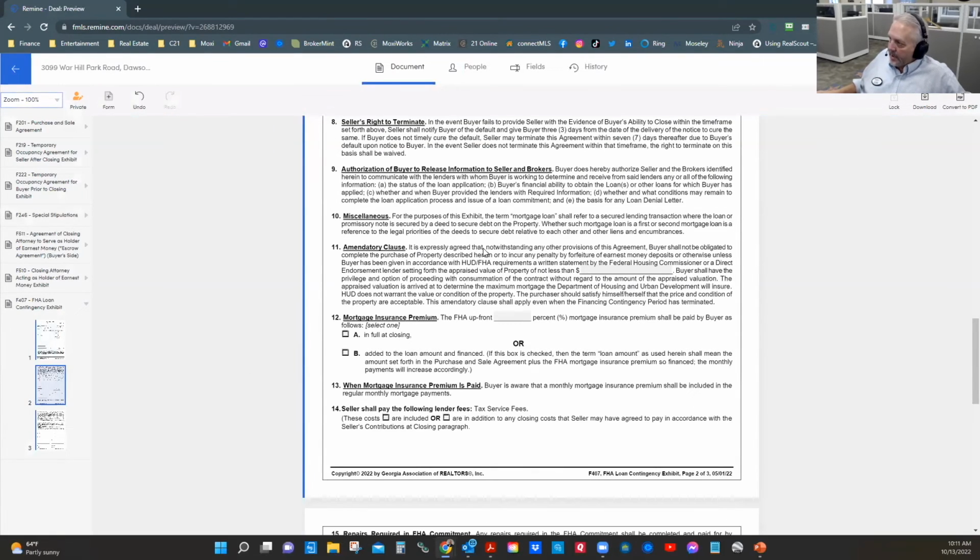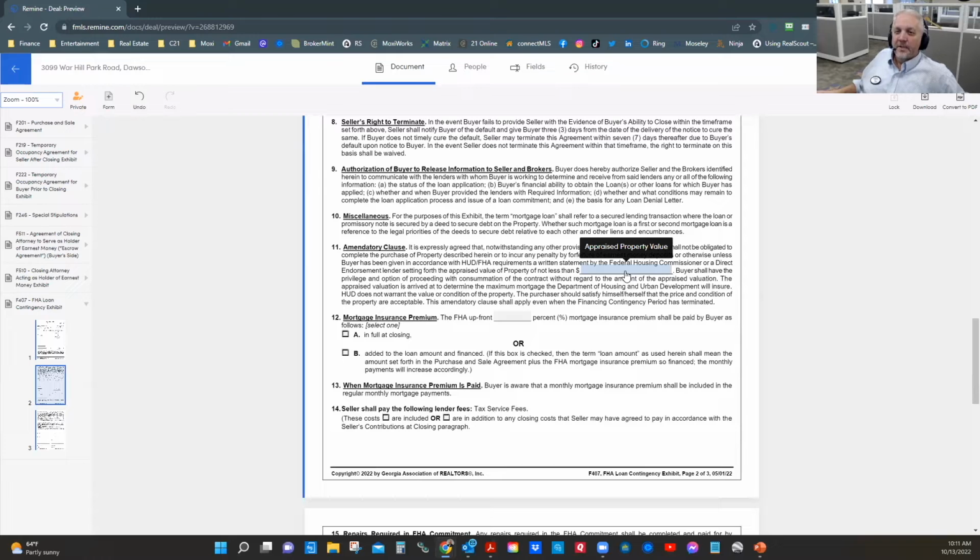It is expressly agreed that notwithstanding any provision to this agreement, buyer shall not be obliged to complete the purchase of the property described herein or to incur any penalty or forfeiture of earnest money deposits or otherwise unless the buyer has been given, in accordance with the HUD FHA requirements, a written statement by the FHA commissioner or a direct endorsement letter setting forth the appraised value is not less than the sales price.